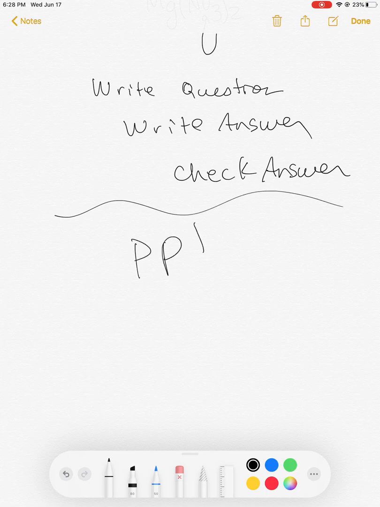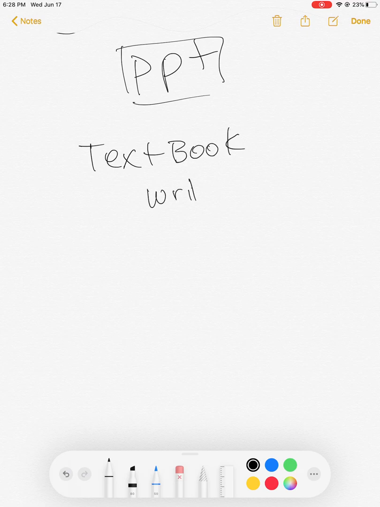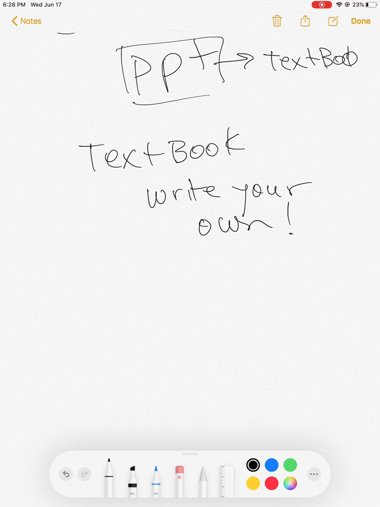Some people have asked me about, where did the PowerPoints go in the chapters? Well, I don't have enough memory to list those, and that's not really a good way to study. If you really want to study and use a PowerPoint, my suggestion is you go to the textbook and you write your own PowerPoint from the notes. Because a PowerPoint is just notes from the textbook.